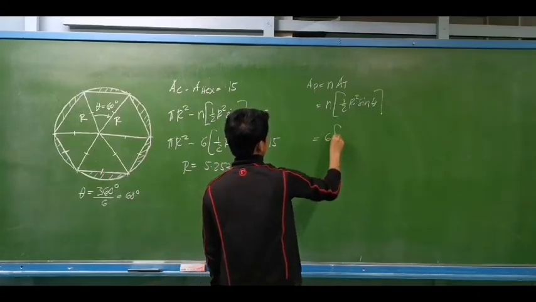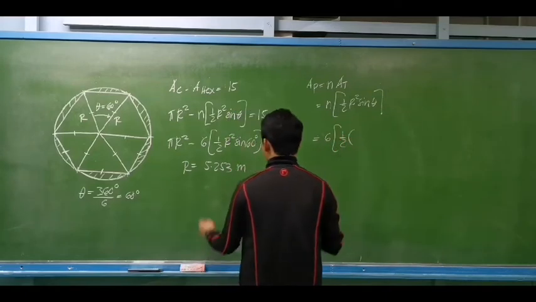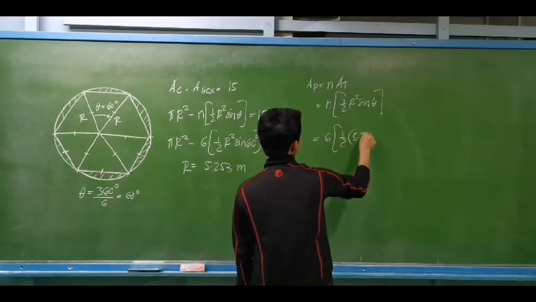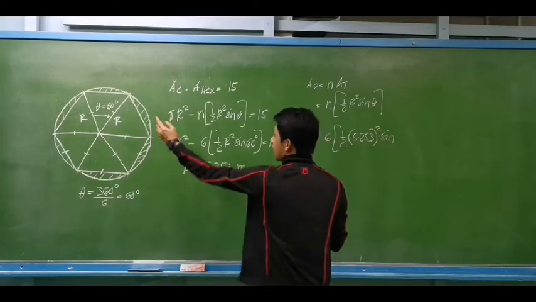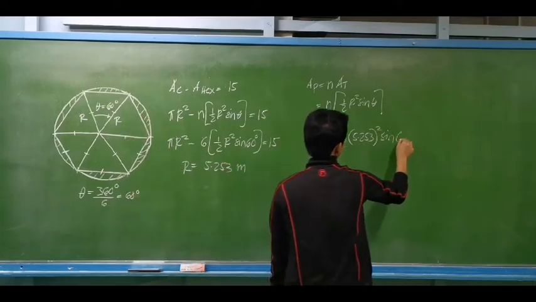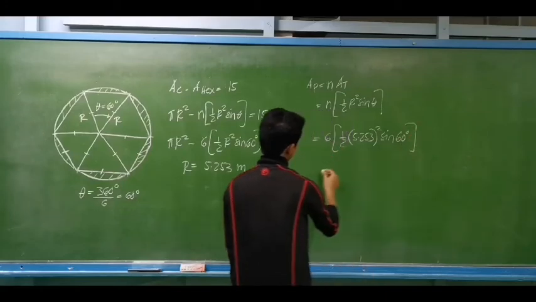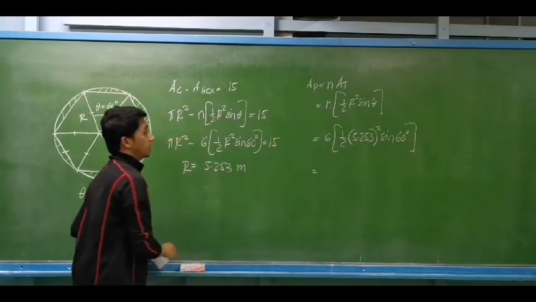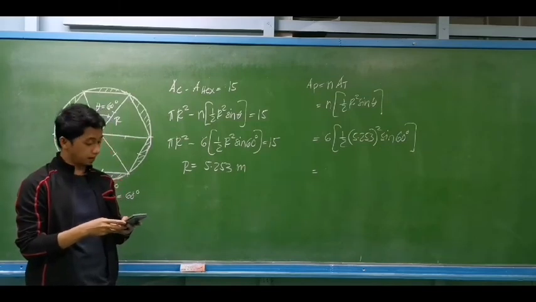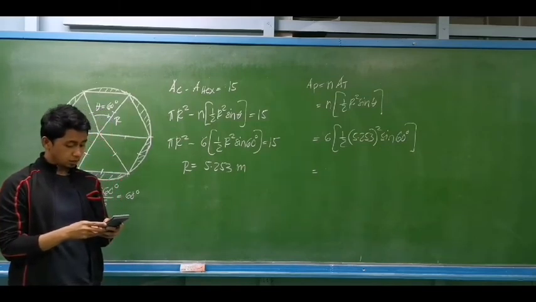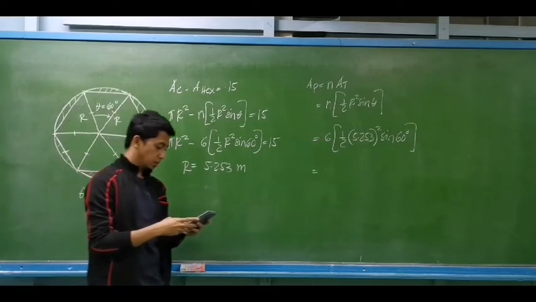This is 6. Multiplied by 1/2, ano yung radius na na-compute natin? 5.253 squared sine. Ano yung central angle ng kada isang triangle? That is 60 degrees. Okay, we are to solve for the area. This is 6 times 1/2 of 5.253 squared sine of 60.